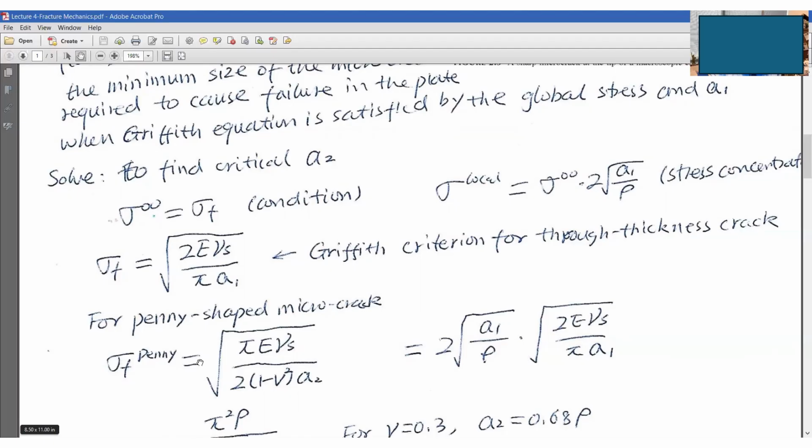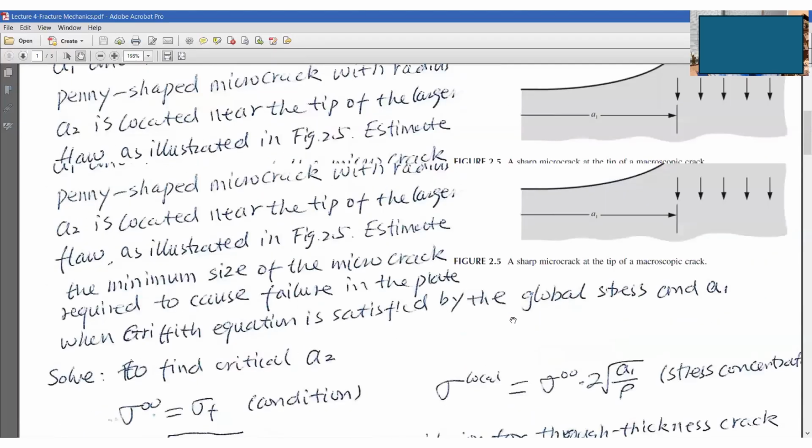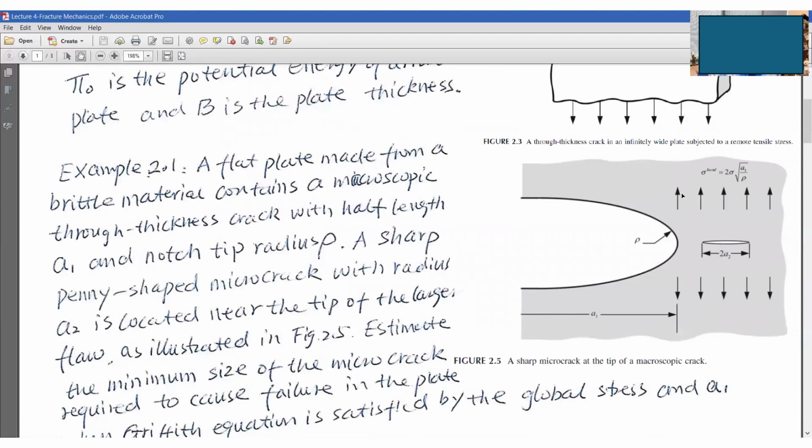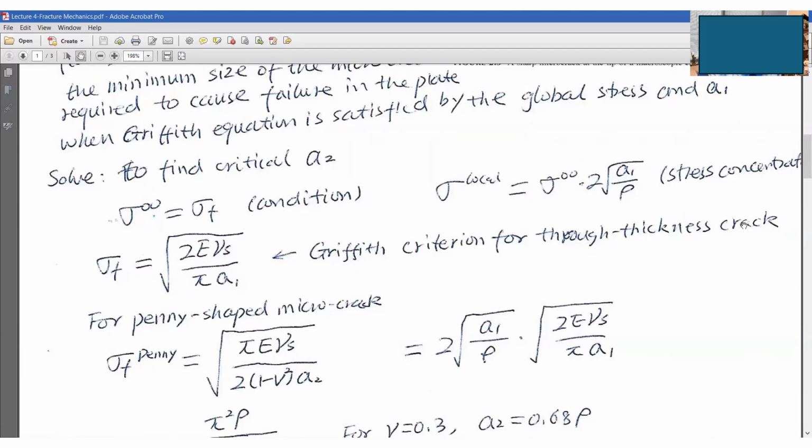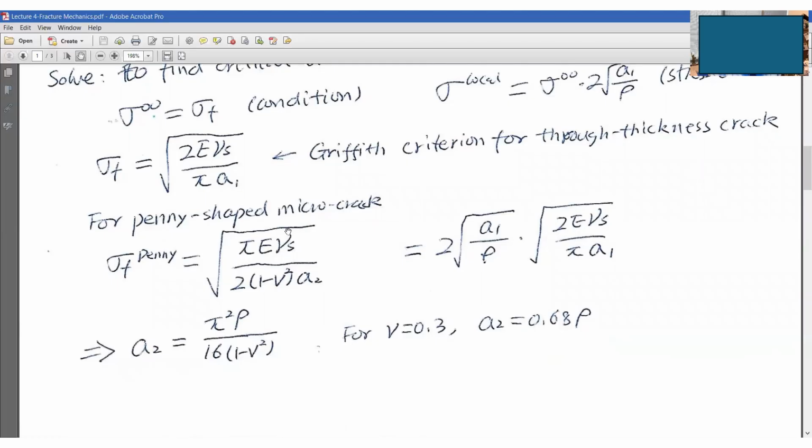Because of stress concentration, the local stress applied on this penny-shaped crack will be 2 sigma square root A1 over rho. So this equation can be established.